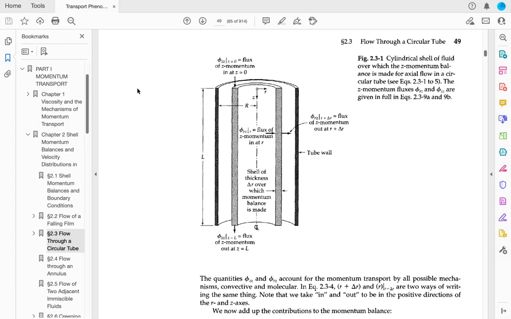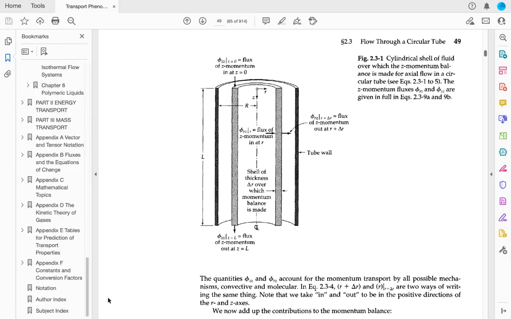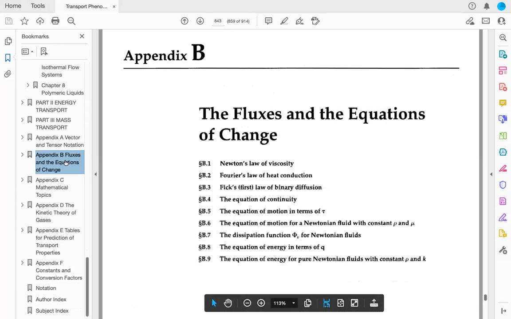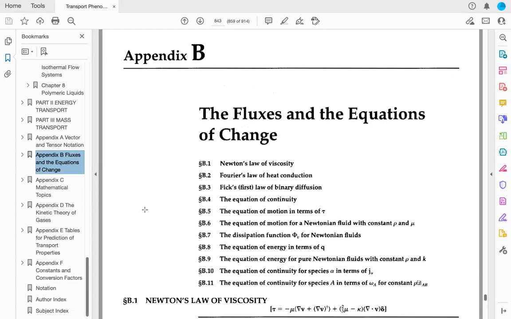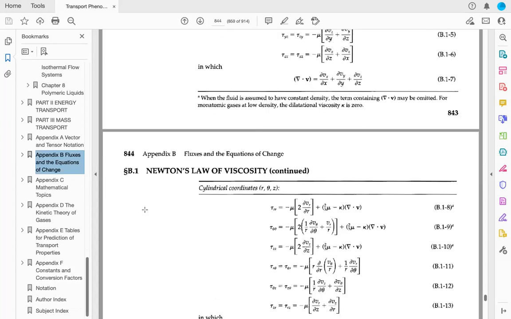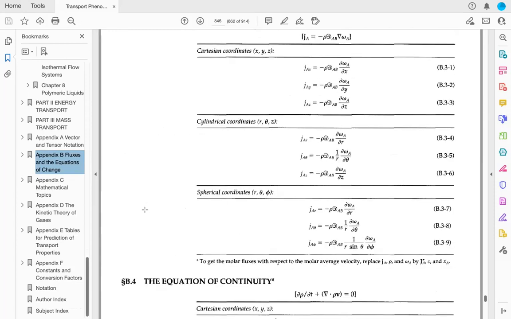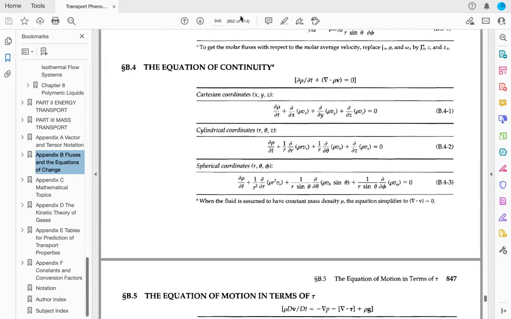To solve using the equation of continuity, you have to open your Appendix B and check the equation of continuity and equation of motion for the cylindrical coordinate. For example, this one, the equation of continuity.